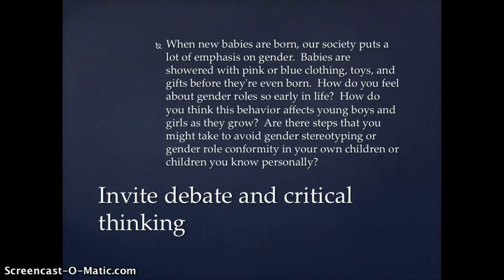How do you think this behavior affects young boys and young girls as they grow? Are there steps that you might take to avoid gender stereotyping or gender role conformity in your own children or in children you know personally? So you're getting students to really open up, to bring in their own experiences and to figure out how those experiences relate to what they're learning in the classroom.